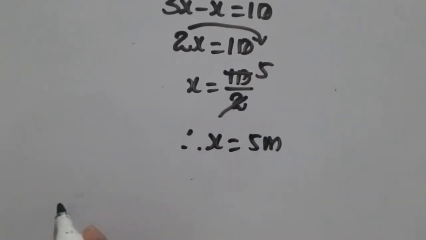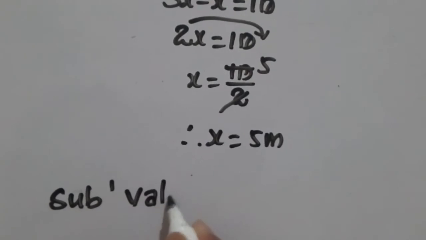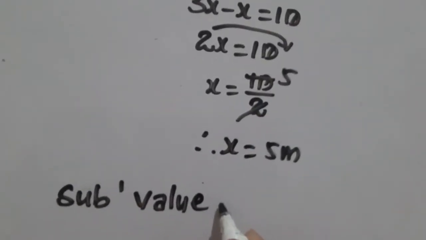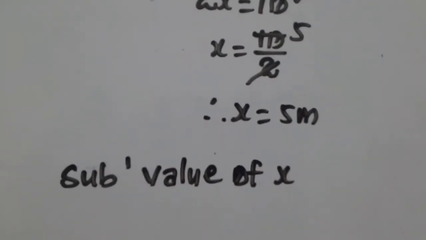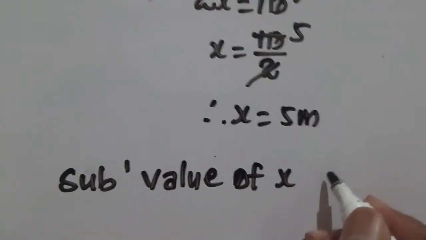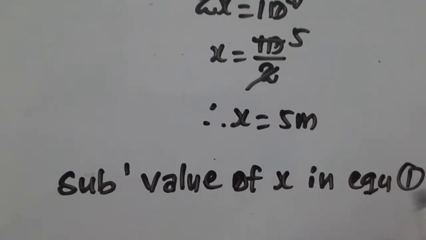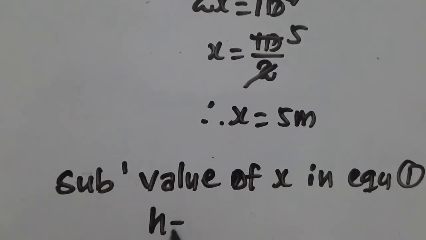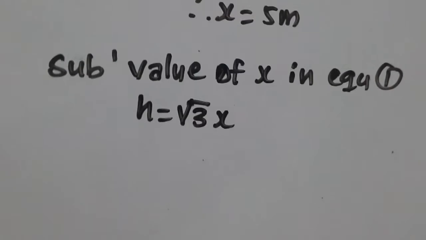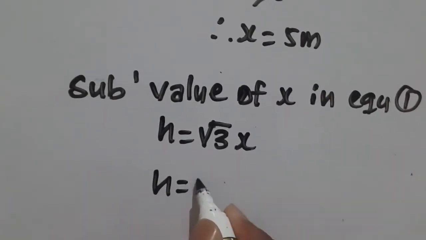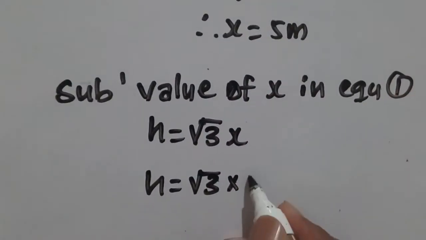And substituting the value of X in equation 1. Since equation 1 is H is equal to root 3 into X, now H is equal to root 3 into X, and just now we proved above X is 5.